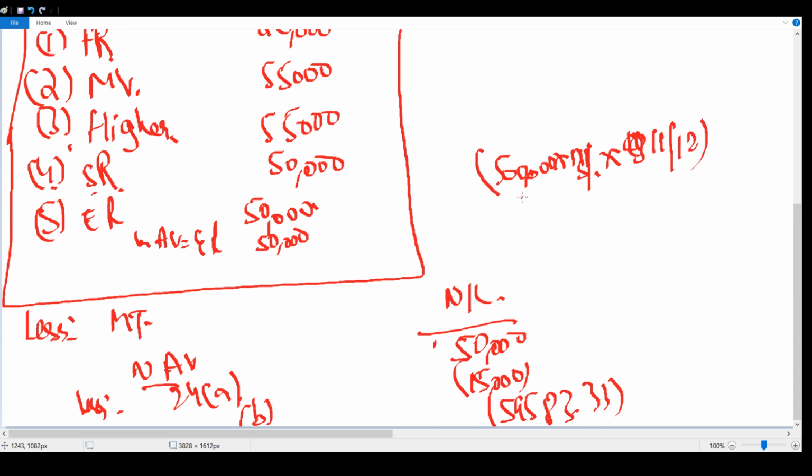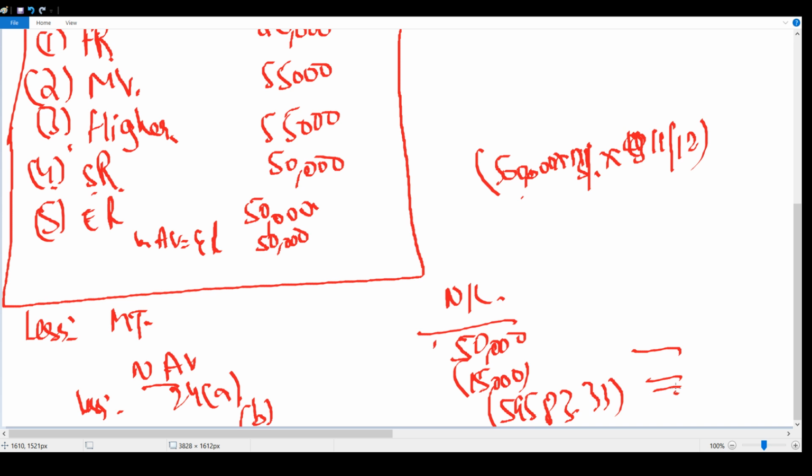If the house is self-occupied, 24B is subject to a maximum of 30,000, but if it is let out, then the whole interest should be subtracted.